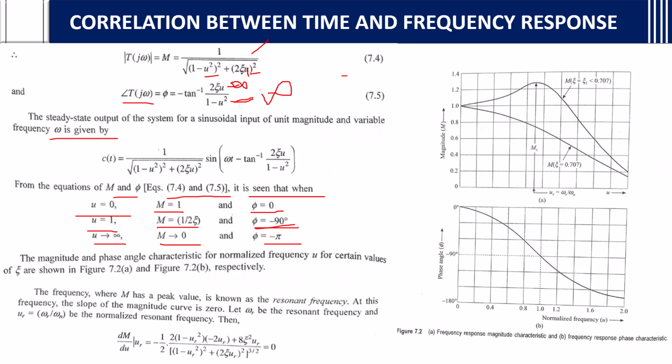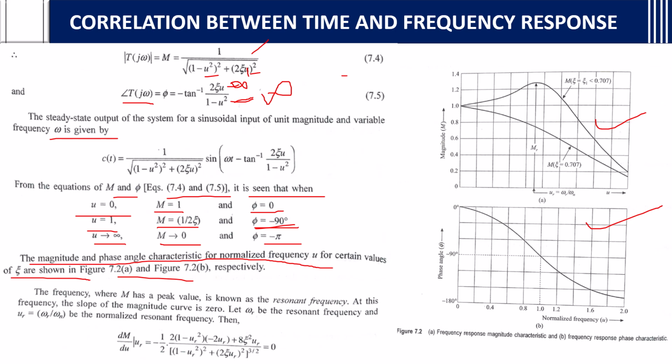Then after this, the magnitude and phase angle characteristics for normalized frequency u for certain values of zeta are shown in figures 7.2a and 7.2b. See, for certain values of u, it is shown in these figures.